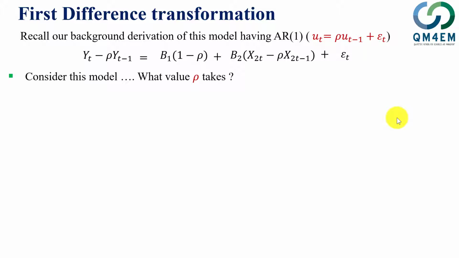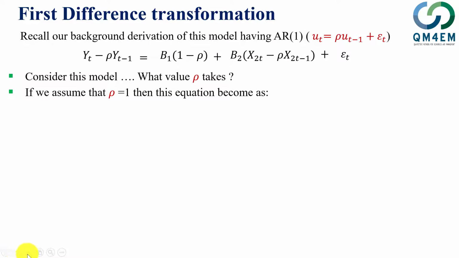For example, if we assume that rho could be equal to 1. Now what does rho equal to 1 mean? Rho equal to 1 means that in the equation we just wrote for the error term, the error term and the error term in the t-1 period are perfectly positively correlated.